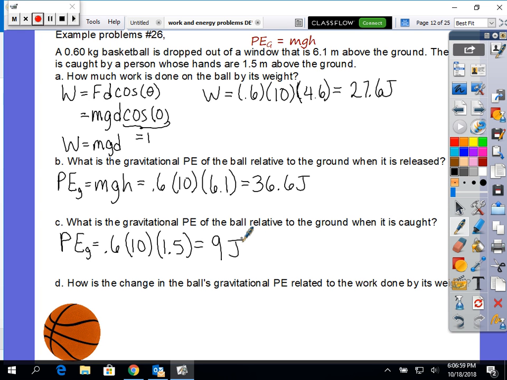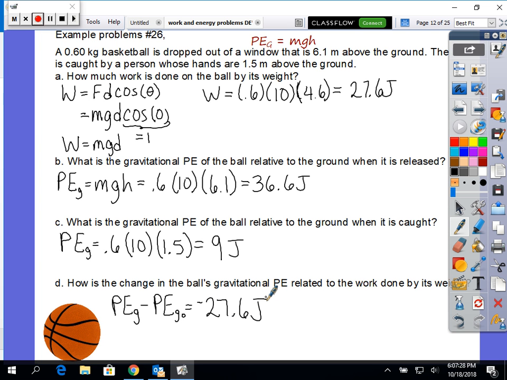The last one says, how is the change in the ball's gravitational potential energy related to the work done by its weight? The change in the potential energy, the final potential energy minus the initial potential energy, will be 9 minus 36.6, or negative 27.6 joules.